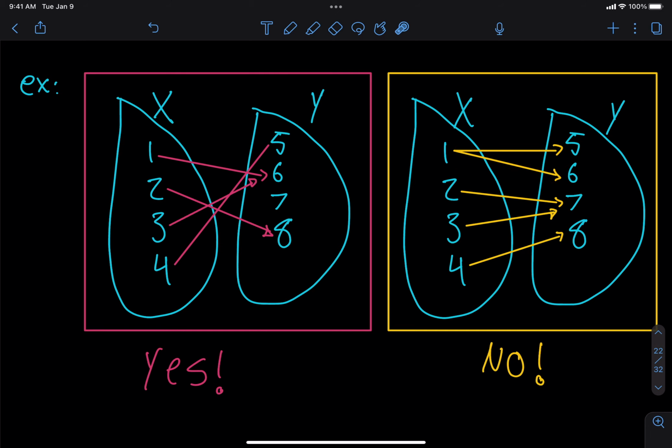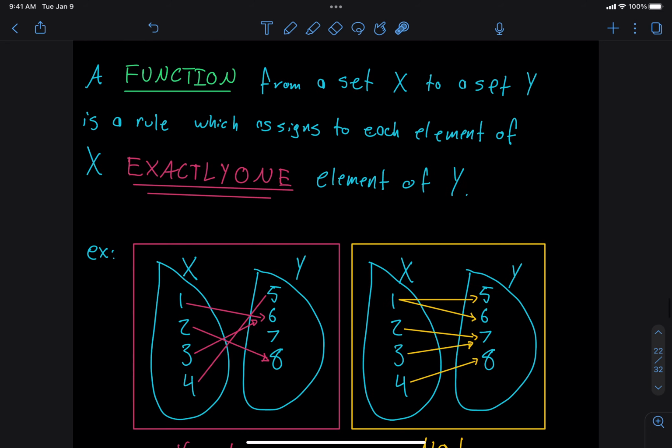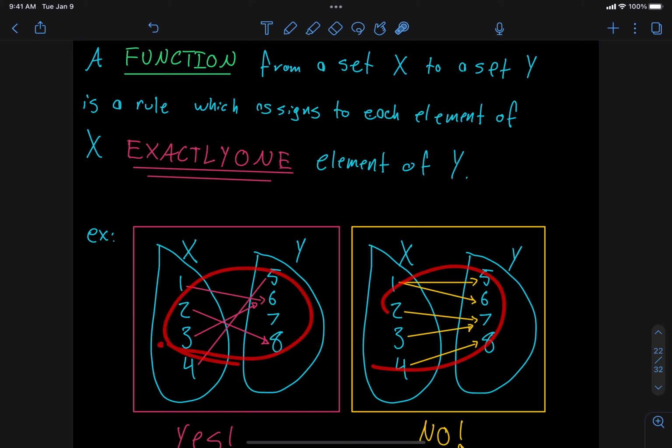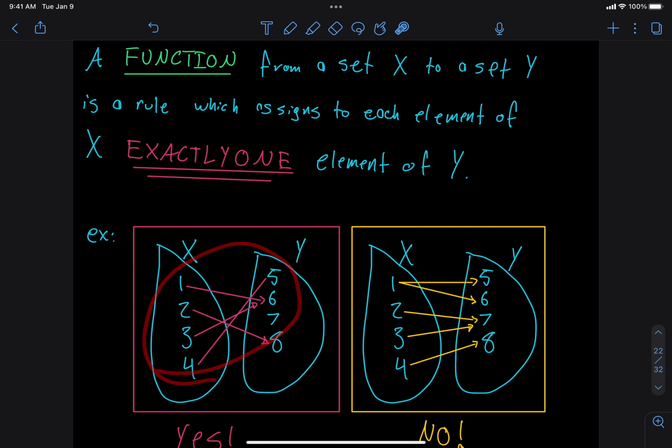So that's basically the one thing that distinguishes a function from a more general mathematical object, which we call a relation. A relation could be either of these. They're both fine as a relation, but only one of them fits the description of a function.